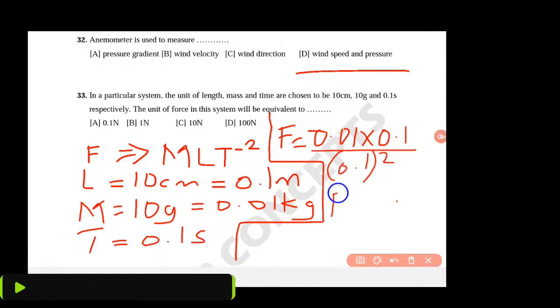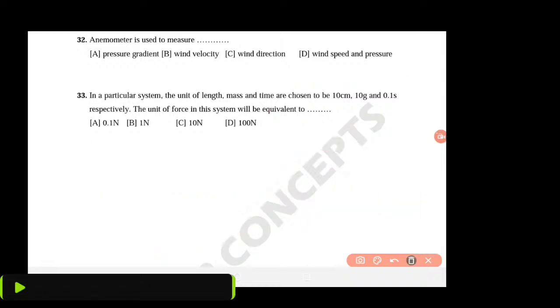When you use your calculator, this will give us 0.1 Newton.